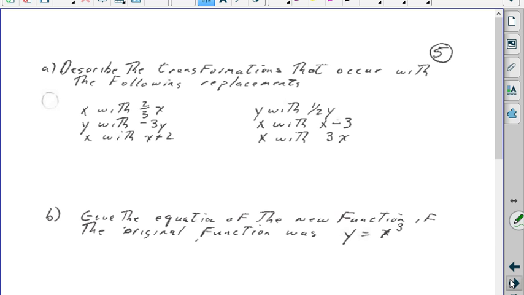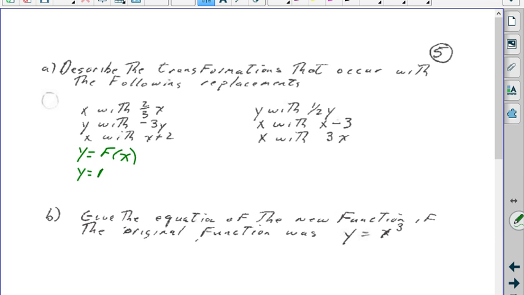Now here, I'm going to ask you to do this in the order that it happens. I want to replace x with 2/3 x, replace y with -3y, and x with x plus 2. Doing this in order that they're giving to me. So I'm going to start with the function y is equal to f of x.